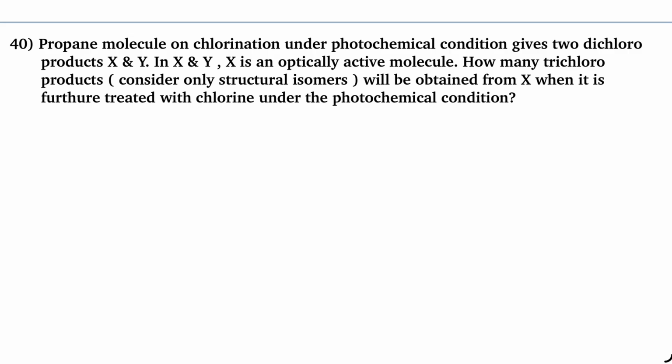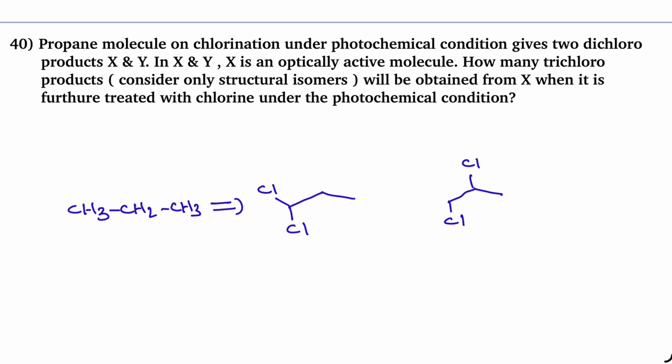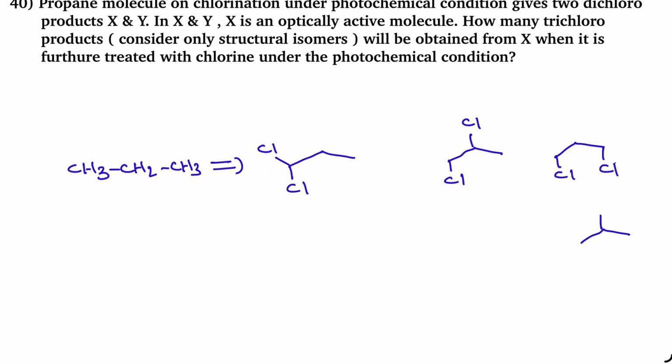Question number 40. Propane molecule on chlorination under photochemical condition gives 2 dichloro products. Dichloro products he is asking. This is propane. 1,1 dichloro, 1,2 dichloro, 1,3 dichloro, 2,2 dichloro.